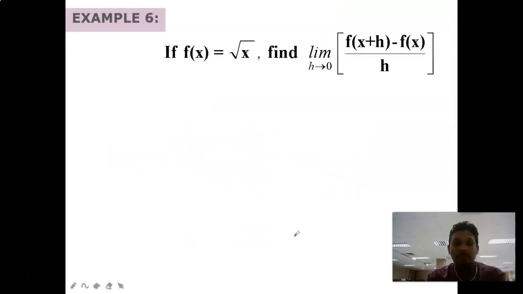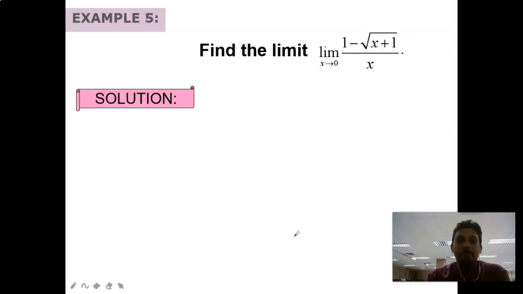Okay, so now find the limit of this one here. So the limit as x approaches 0. If we substitute x equal to 0, then something over 0 is undefined. Even here, we substitute here with 0: square root of 1 equal to 1, 1 minus 1 equal to 0, and also 0.